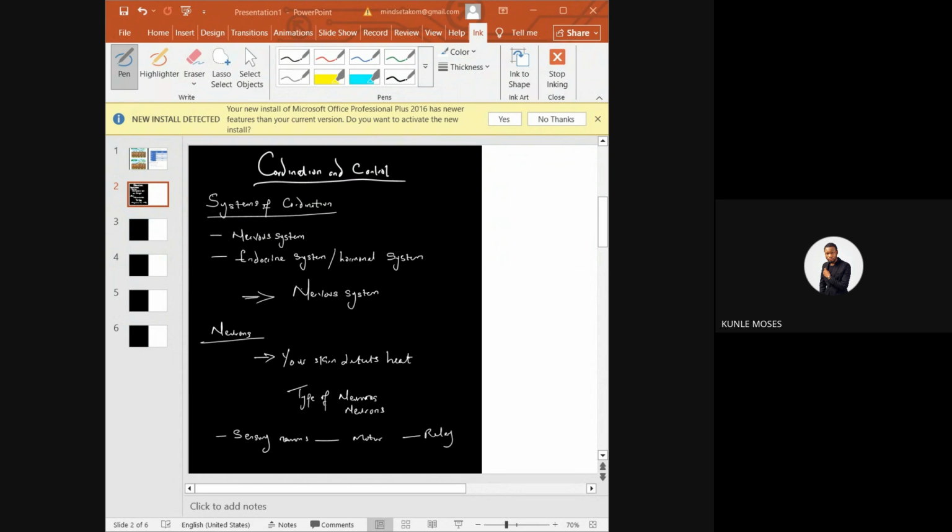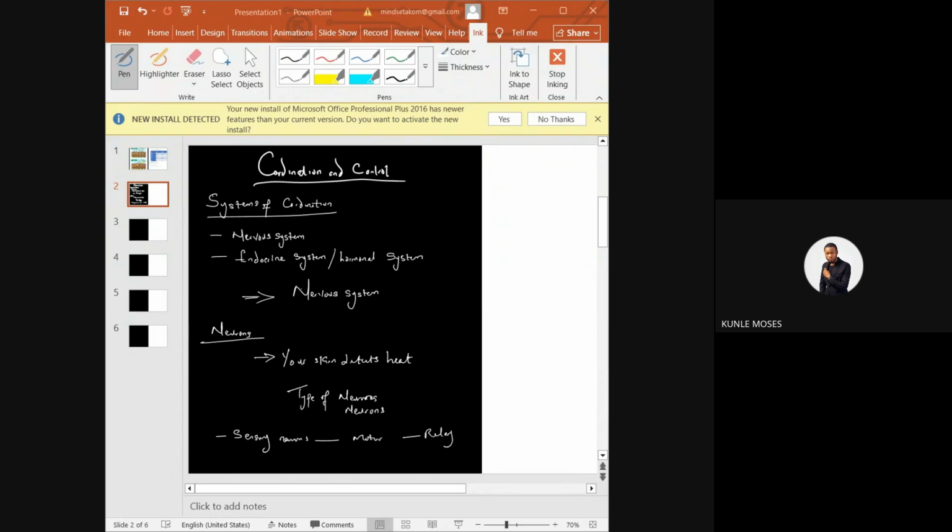The relay neurons are the neurons that connect; they are like a connector. They connect the sensory neuron and the motor neuron in the CNS, because the majority of the messages you will be getting are from the brain.